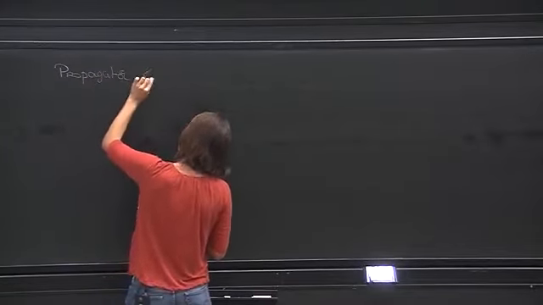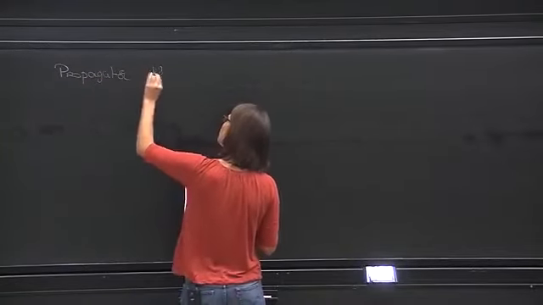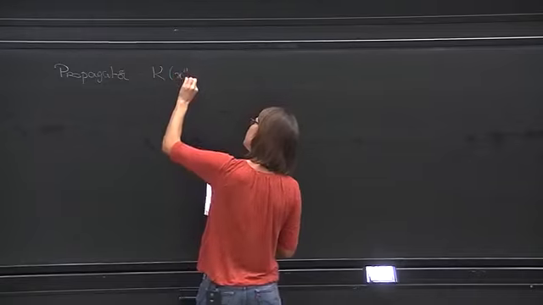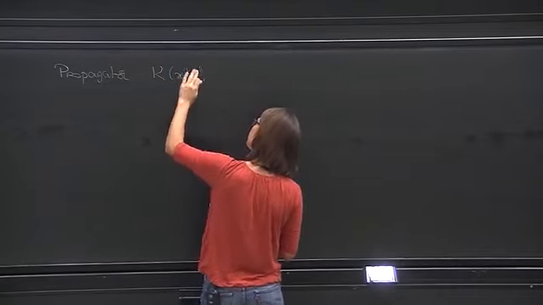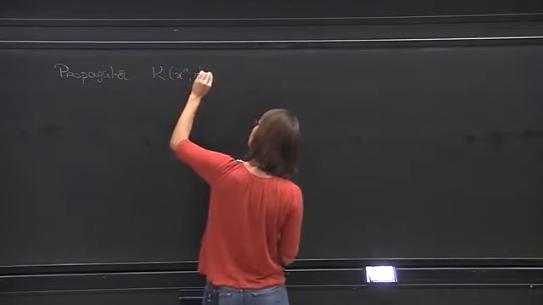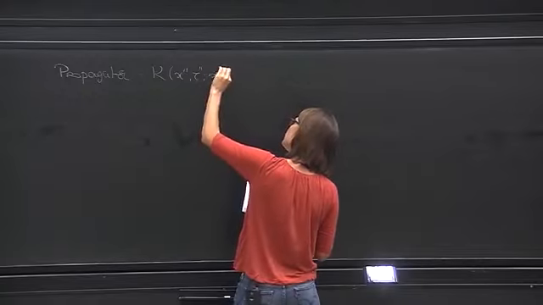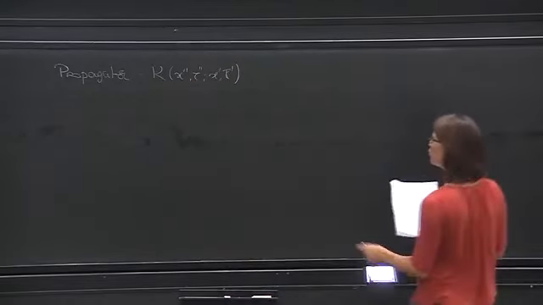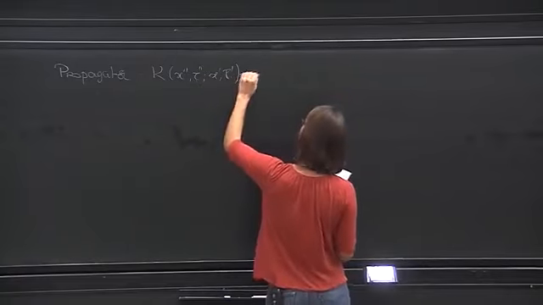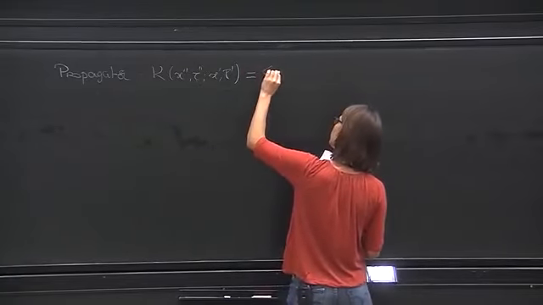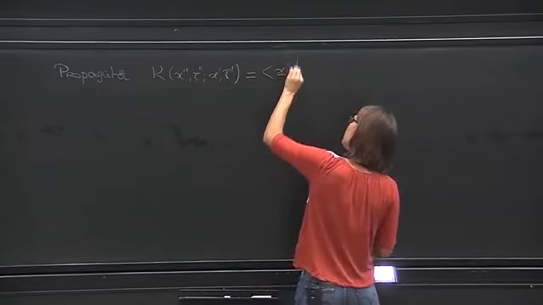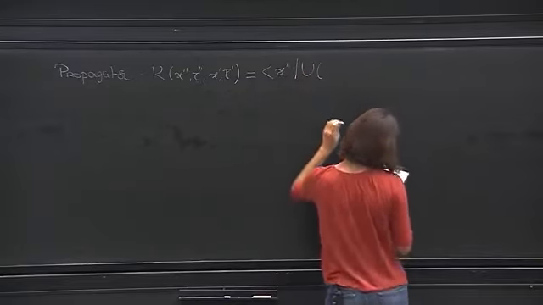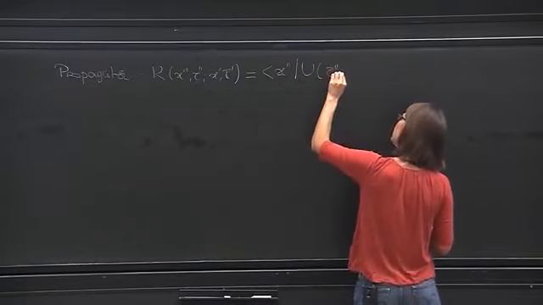I wrote it K, and it goes from a starting space-time point x prime, tau prime, to a final space-time point, x double prime, t double prime. And of course, this is just the matrix element of the time evolution operator.